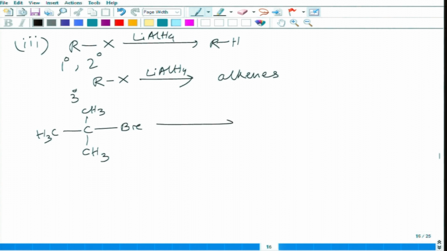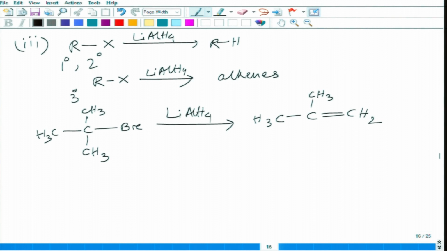If we put lithium aluminium hydride here, it will convert this to this. This is an exception case.